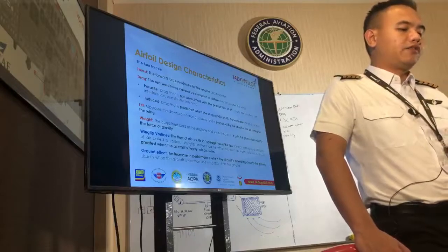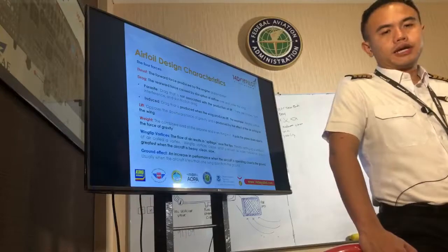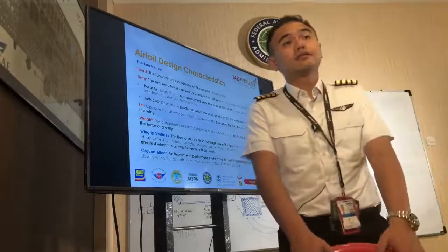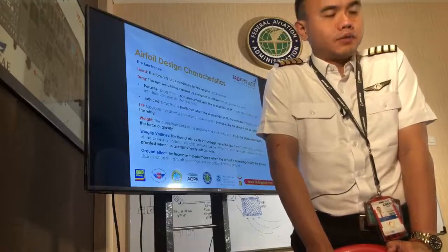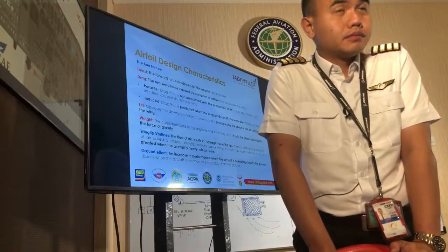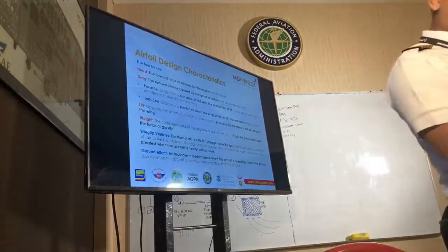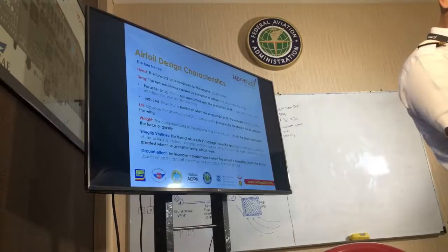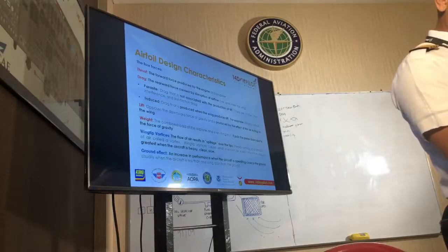Remember, parasite drag, if you double the airspeed, is 4 times on the parasite drag. And how about the induced drag? If you reduce the airspeed, how about the drag? The drag increases, of course. The induced drag, right? If we reduce the airspeed, there is more vortex, right? Because of the induced drag.